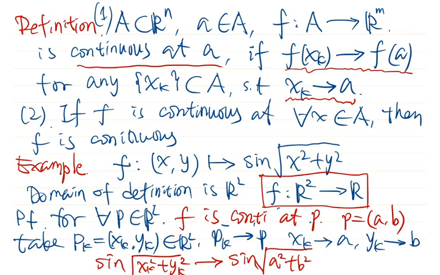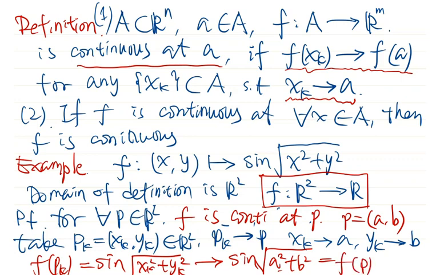This is the property of convergent sequences of real numbers. Okay, so we have this convergence. This sequence of real numbers converges to this real number. But sine of square root of xk squared plus yk squared is exactly f(pk). Similarly, the right-hand side of this convergence is exactly f(p).